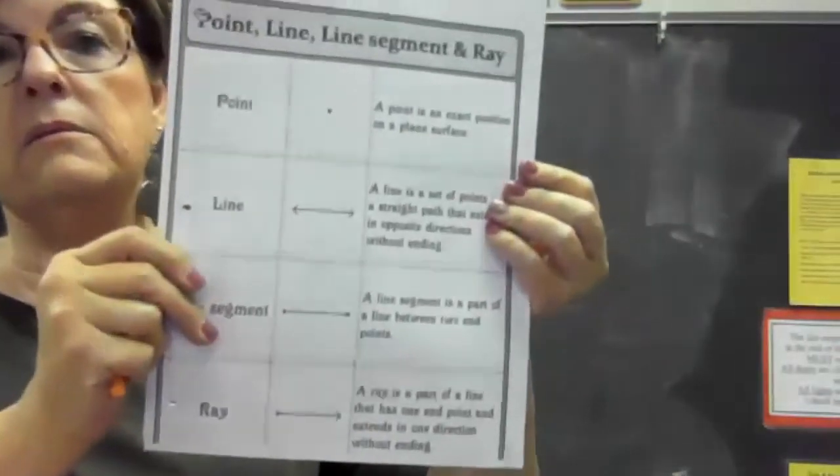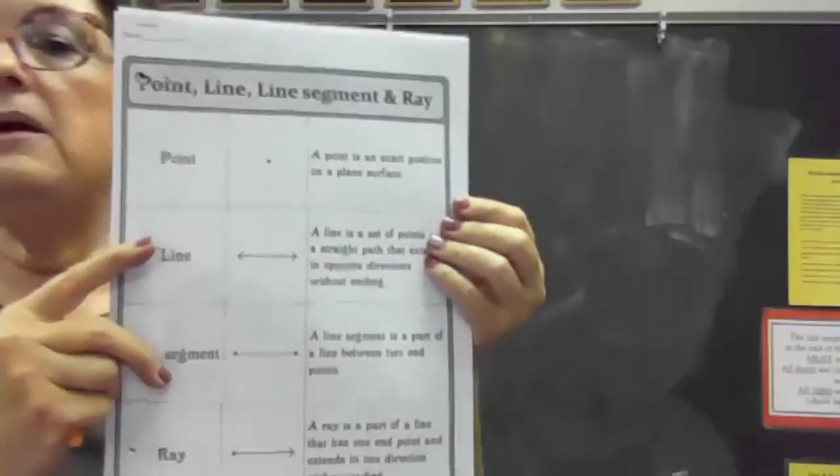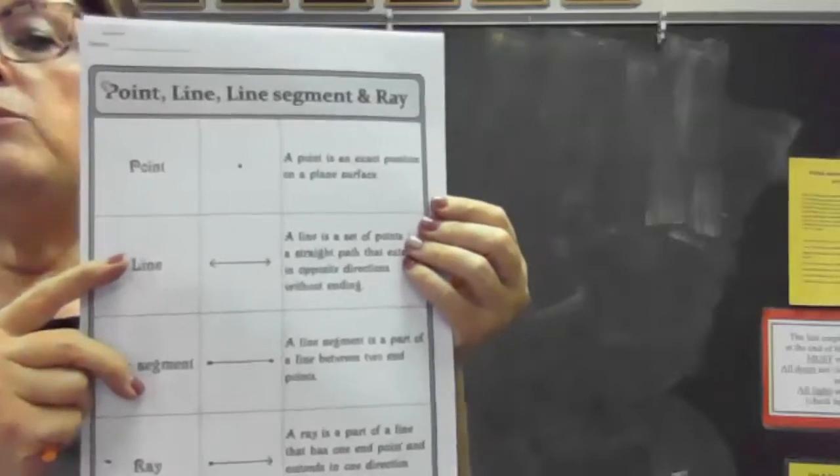This will be the start of the packet. So it has the definitions. I'm not going to write these out. I will talk about them, but I won't be writing them out on the board. Now, a point, location, anywhere in space, anywhere.